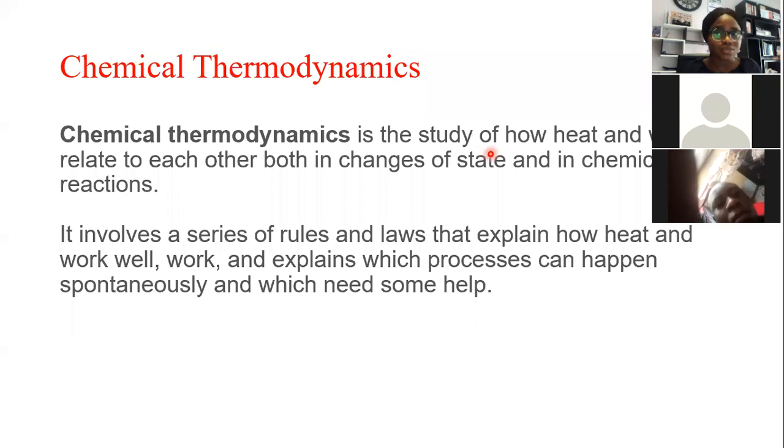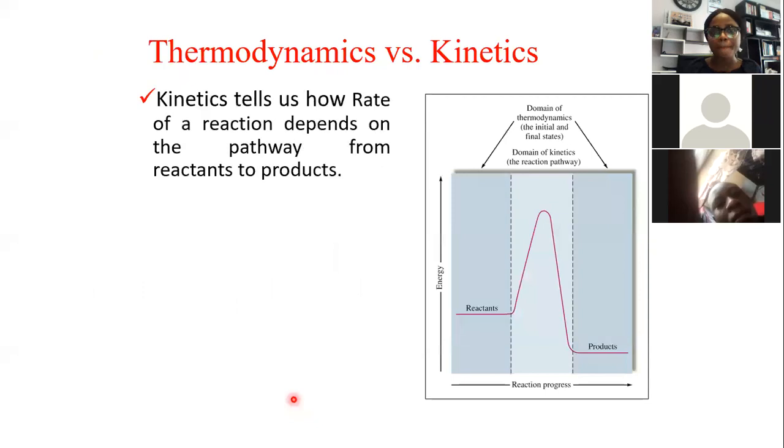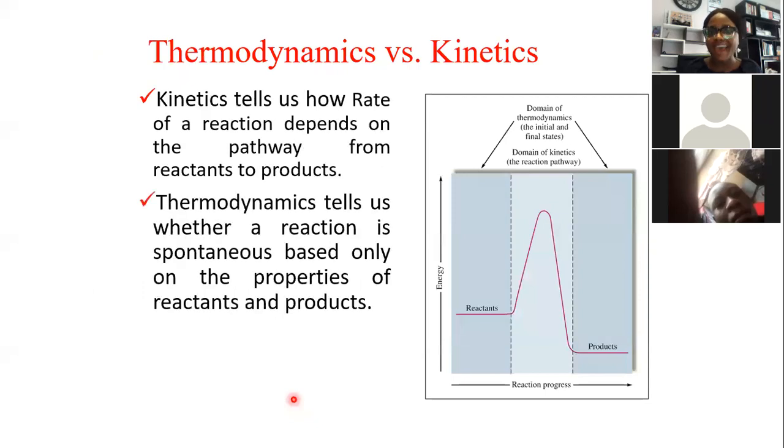At some point in this course, we're also going to talk about chemical kinetics, so we're just going to have a brief comparison between thermodynamics and kinetics. Kinetics tells us the rate of a reaction depends on the pathway from reactant to product. You see, I love thermodynamics.